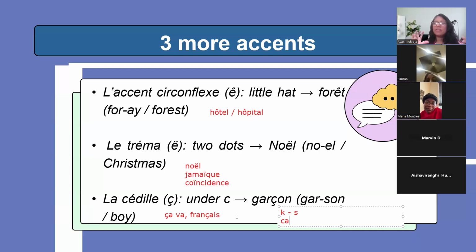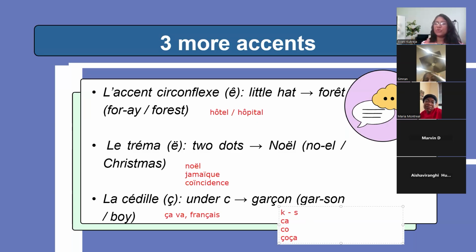So whenever there is a hard k sound in French, generally the hard k sound is used with syllables such as CO and CA. For instance, Coke in French is coca, and we pronounce it as coca. But if you put an accent under the C, we'll pronounce it as sosa. Got it?